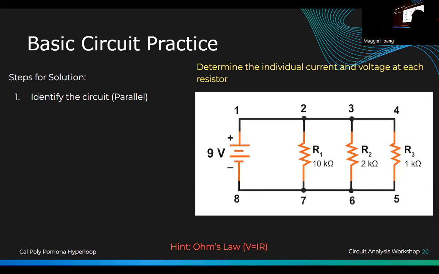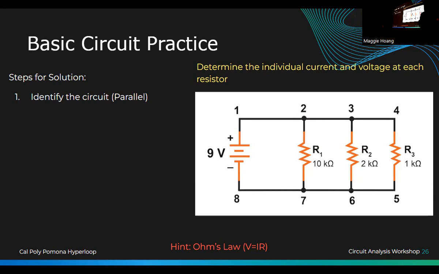The different variable that can be around that with the total resistance, right? Your total resistance is going to be less than 1 kilo, because it's 1 over the sum. And then you divide 9, so it's around less than 9 milliamps. So that's for the total current, right?